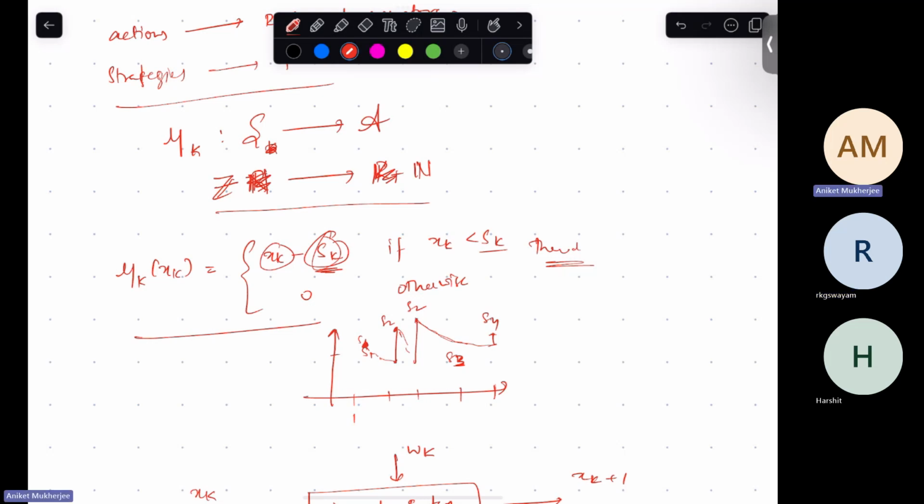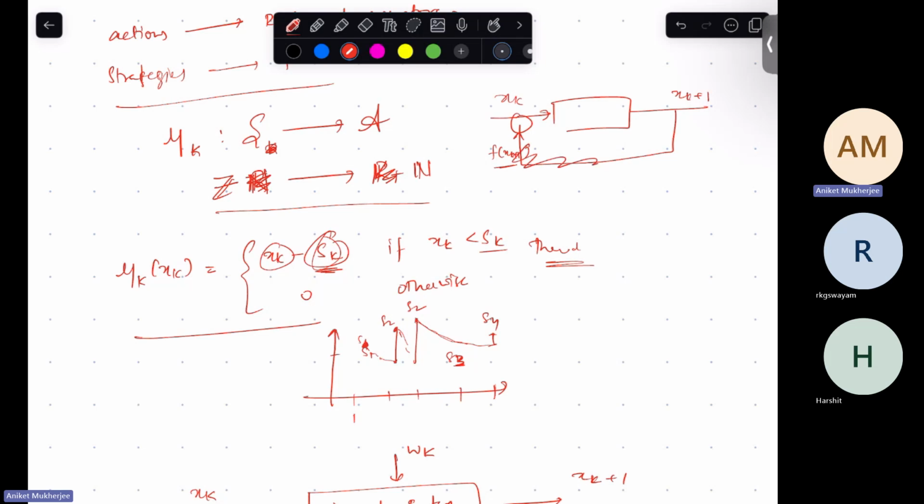So basically, closed loop means you have a system, you have your state xk, you have your output, which will be your xk plus 1, and now you give this back as feedback, so the control is a function of xk plus 1. That is what closed loop is.